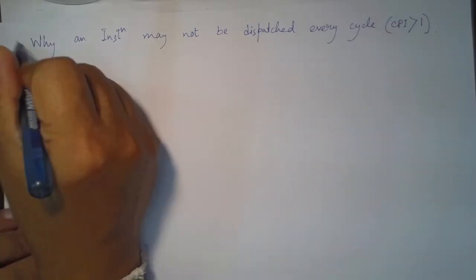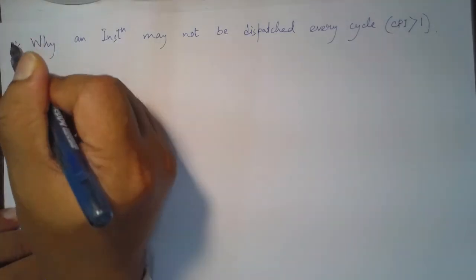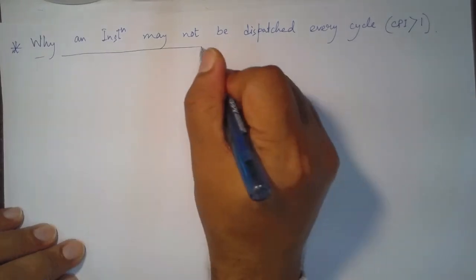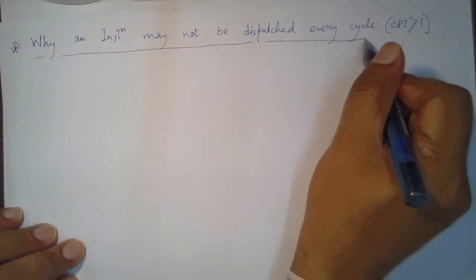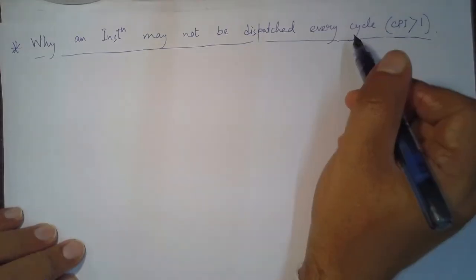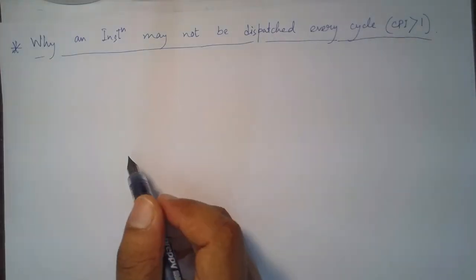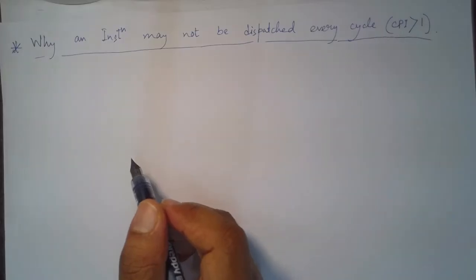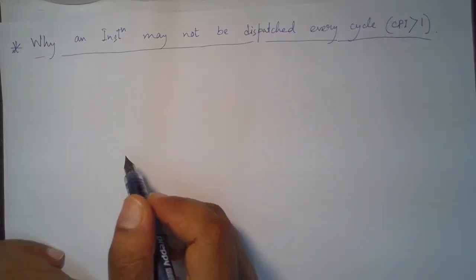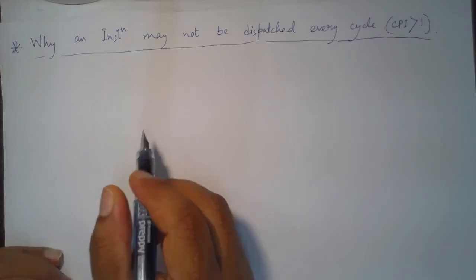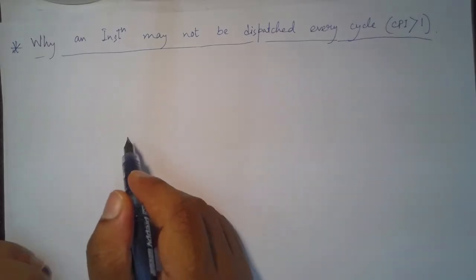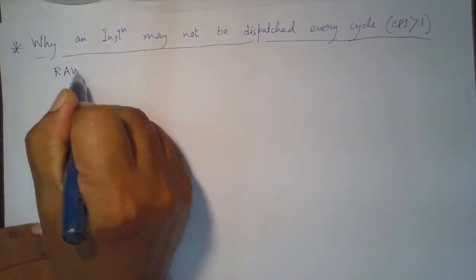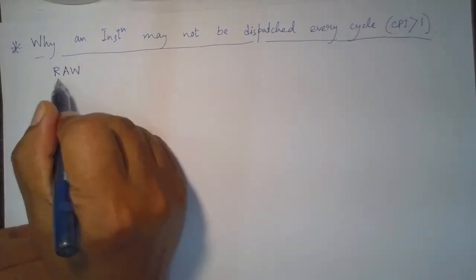We saw that there are different kinds of hazards. If we ignore the structural hazard, which we can handle by putting in enough resources, like non-unified data and instruction memory, then there are data hazards, especially read after write hazards.